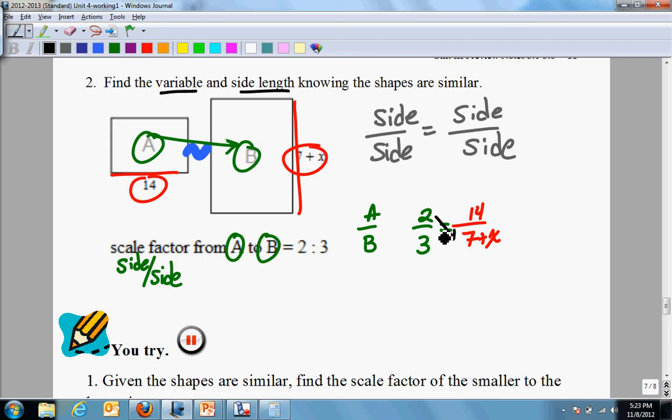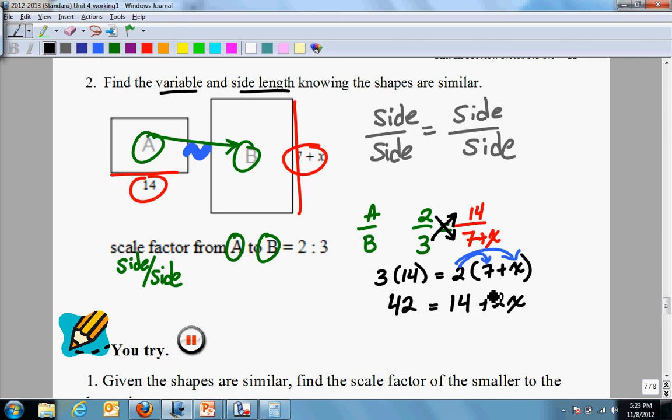From here we cross multiply. Distribute. Take away the 14.